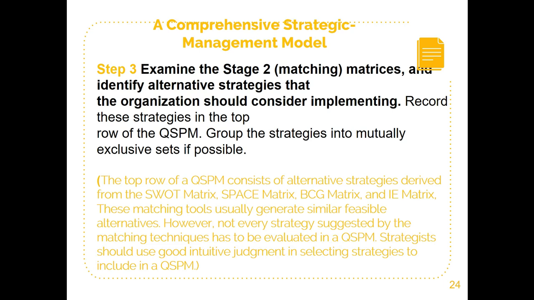However, not every strategy suggested by the matching techniques has to be evaluated in a QSPM. Strategists should use good intuitive judgment in selecting strategies to include in a QSPM.